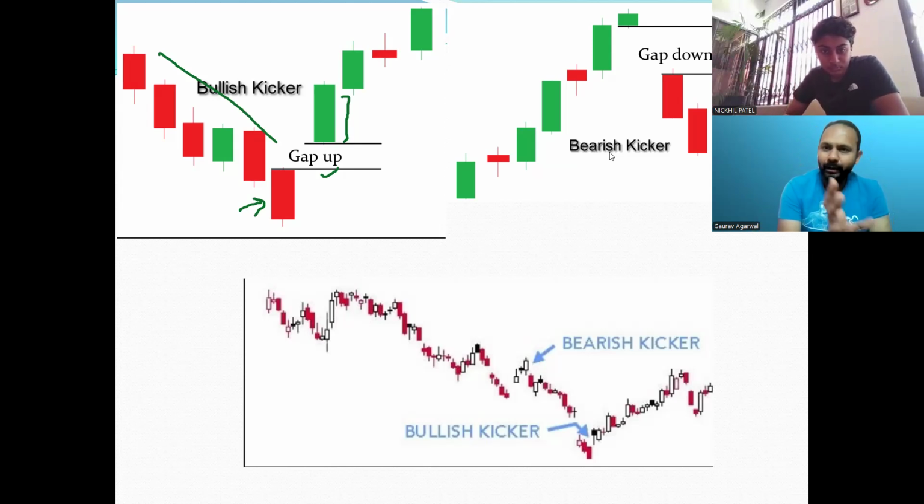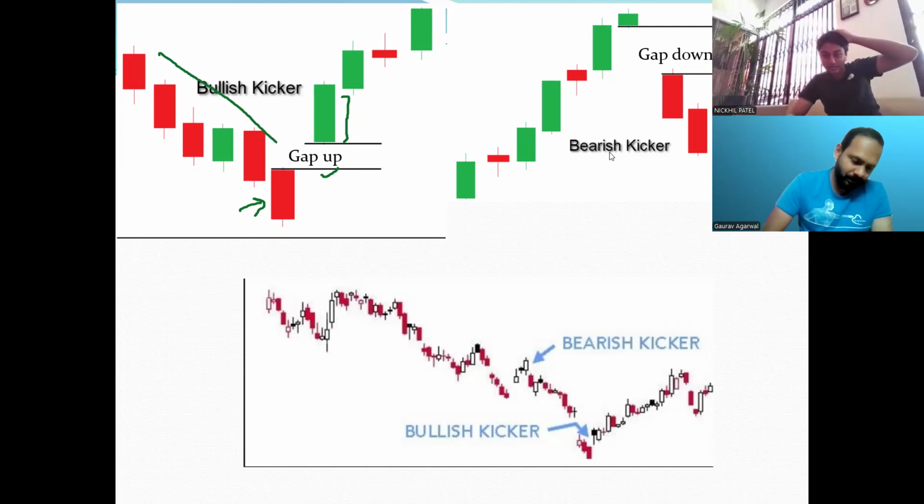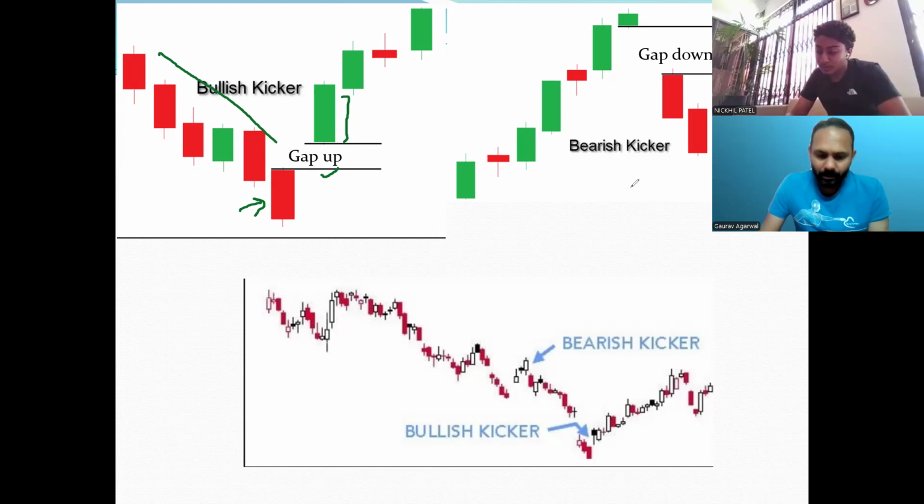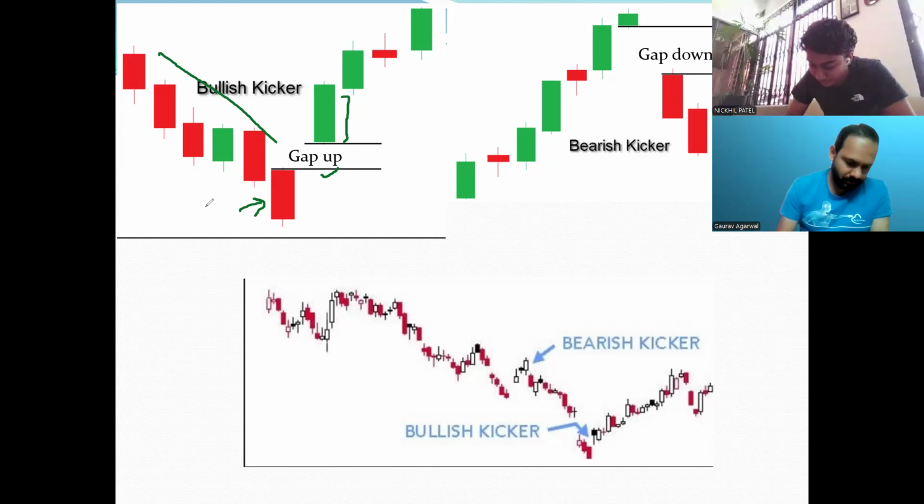You have to check only on Monday, because your market is continuously working from Monday to Friday. Yes. Right. Okay. And then this is called the bullish kicker, right? You can note down if you want. Yes, noted down.